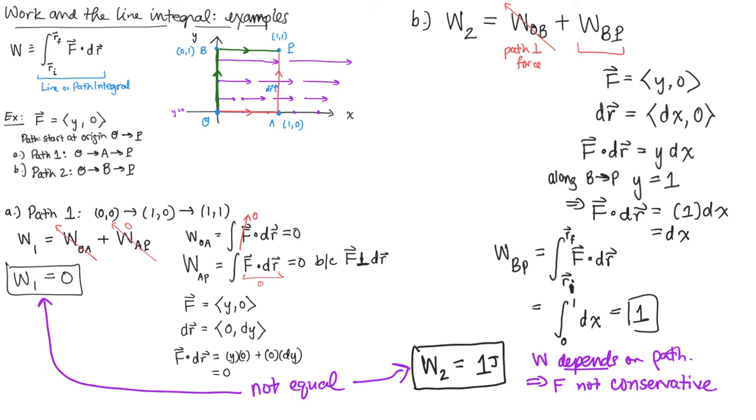Not conservative means you cannot say, I have a particle at point P, I know its energy, because if it got there via point B, it will have a different energy than if it got there via point A.